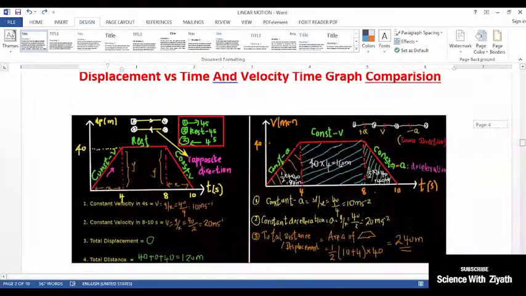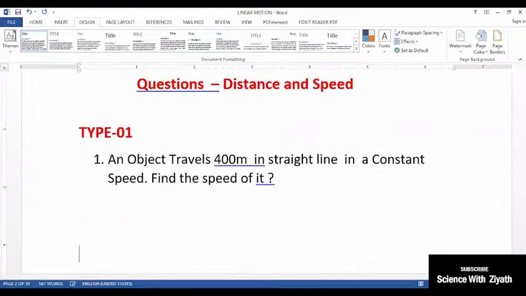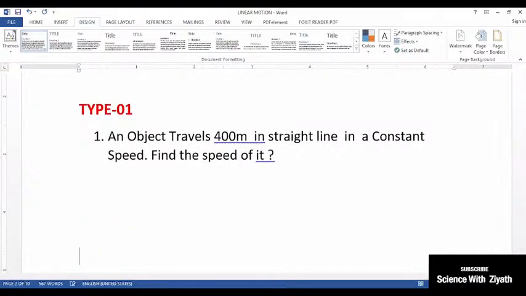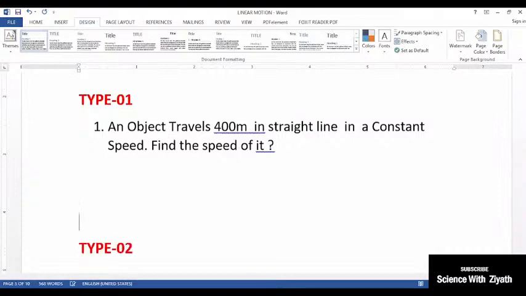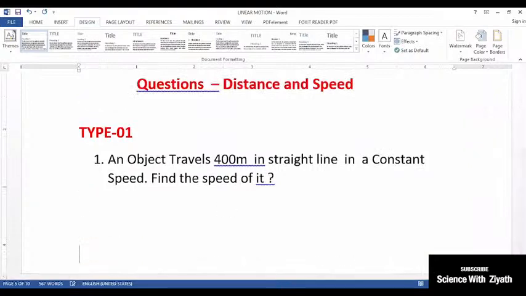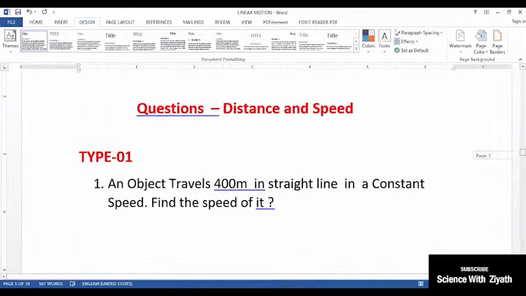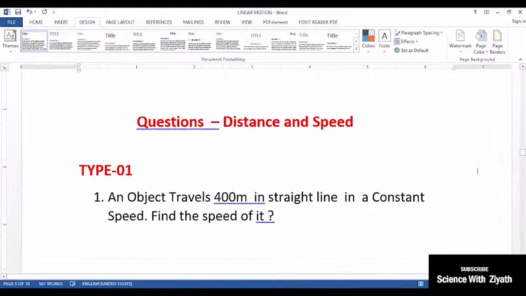Which will be included in this one. And I'll put in so many questions. If you have any doubt in theory, please let me know, right? Please ask. And these questions are related to distance and speed.